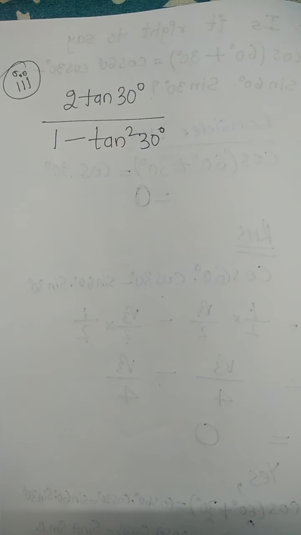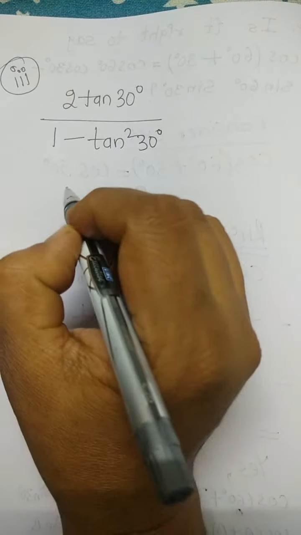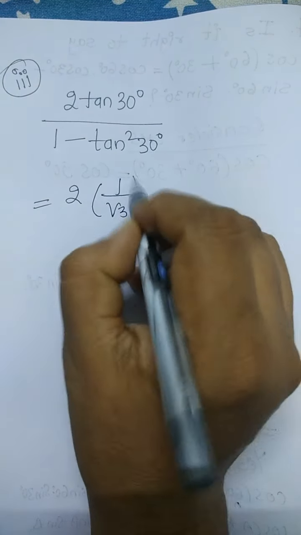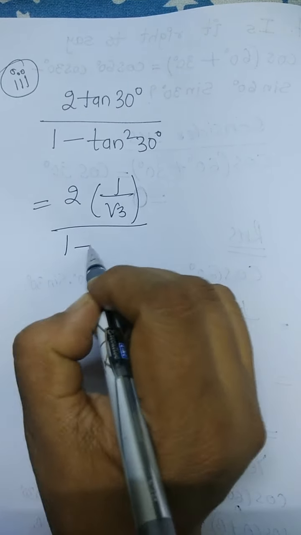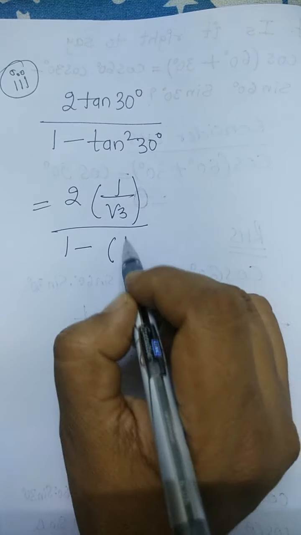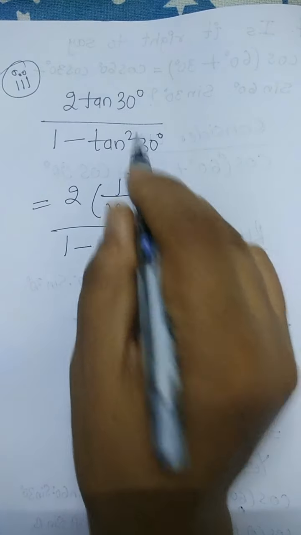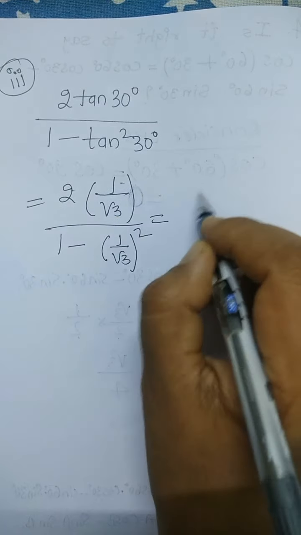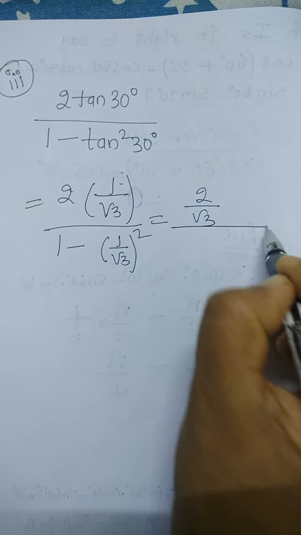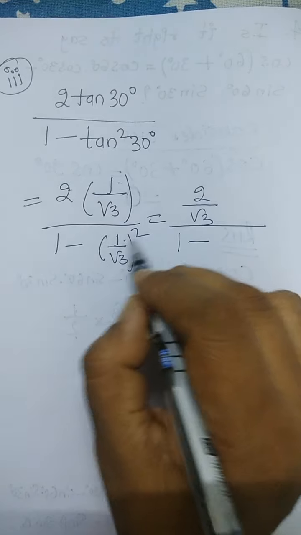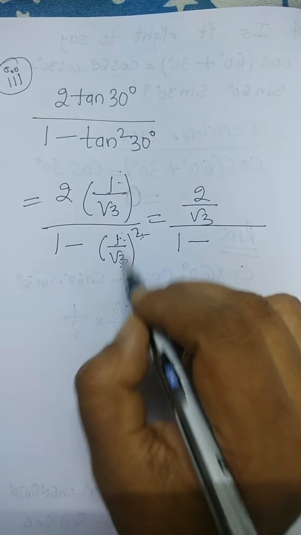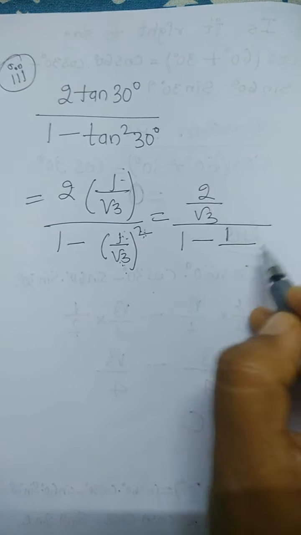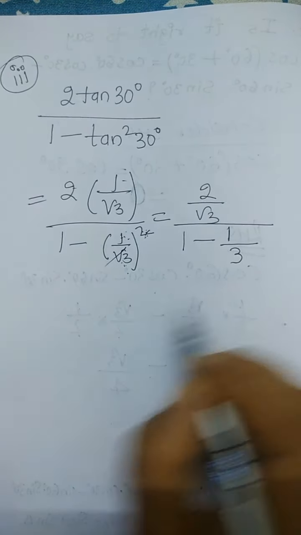This is the third question from the same bit. Let us solve: 2 tan 30 degrees, that is 1 upon root 3, whole upon 1 minus tan square 30 degree, again 1 by root 3 and square. Now solve this. We get 2 upon root 3 whole upon 1 minus 1 square upon 3, since the square holds for both numerator and denominator: 1 square is 1 and root 3 square is 3.